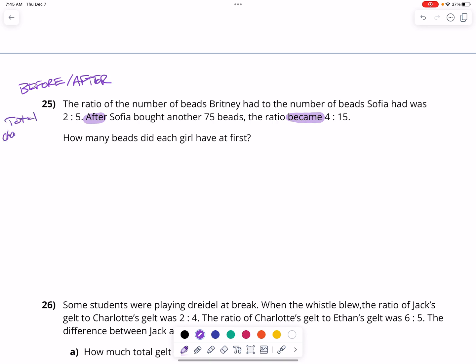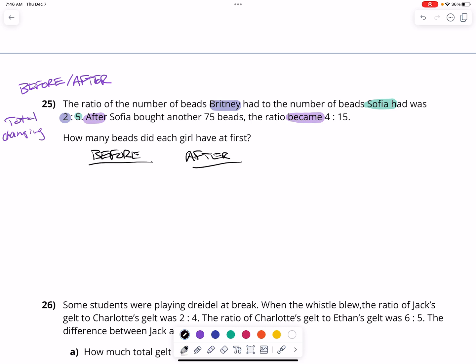Okay. So when we do this, let's outline before and then after. So in the before times, Brittany was 2, Sophia was 5.